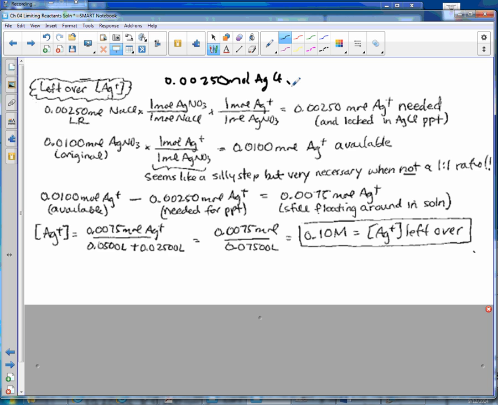Sometimes this is a little easier. So if I know I'm going to make this much precipitate, well, for every 1 mole of that precipitate, I would need 1 mole of Ag plus.